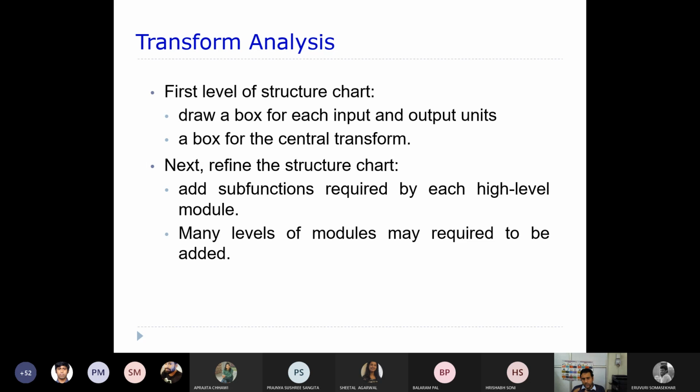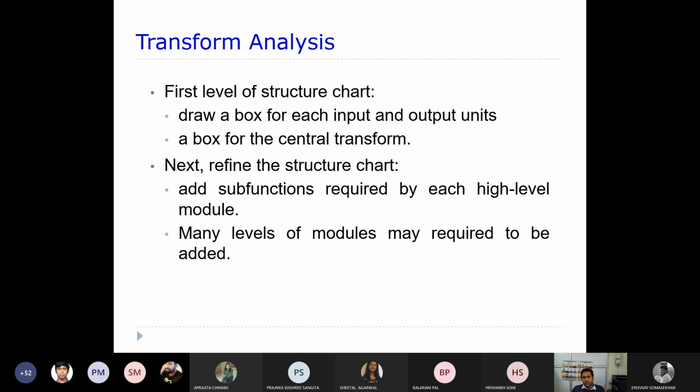Now try to add subfunctions for each and every module, okay? Whatever box you have identified, you try to identify some functions, subfunctions, which will be part of that particular module. Many levels of modules may need to be added.